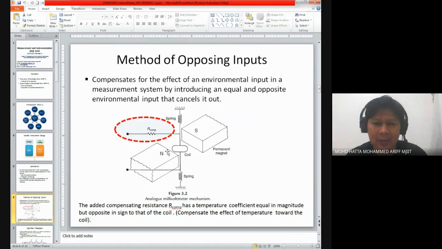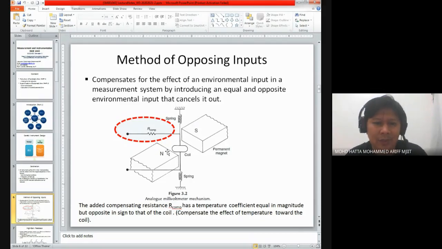So actually the original problem is that our measurement has systematic error due to the environment, and we try to add a resistor which has a temperature coefficient equal to the bias that we have due to the environment, but in opposite sign.